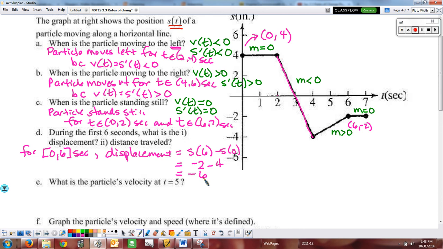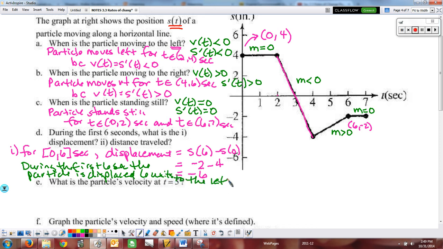Now typically we do want to go ahead and interpret this, and so our interpretation, I'll write it right here below, we would say something along the lines of: during the first 6 seconds, the particle is displaced 6 units to the left of the starting position.